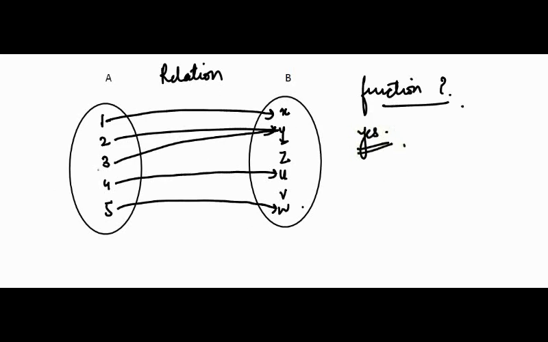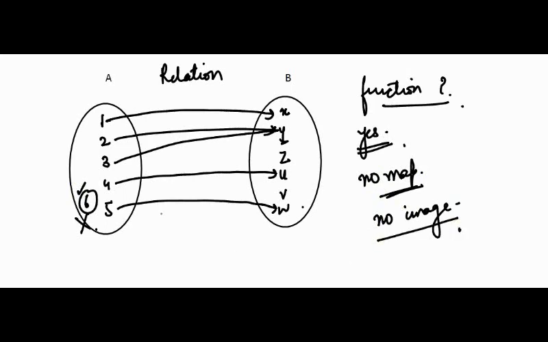But what if I say there is an element in A, let's say 6, which does not map to any element in B? Then this will not be a function, because there is an element in A which has no image in B. And what if I say 4 is an element which also maps to Z?